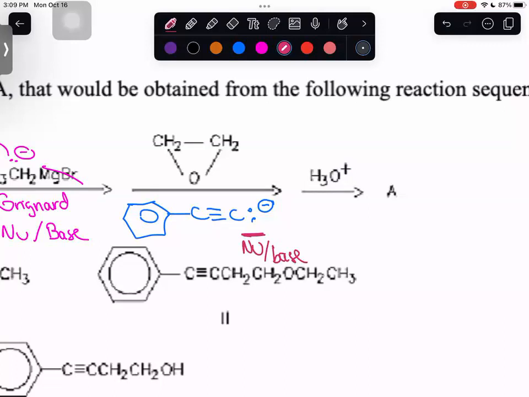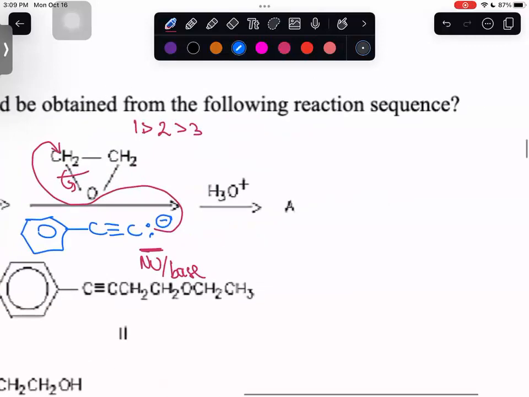For base cleavage, 1, 2, 3. In this case, is it gonna matter which carbon I cleave? No. So let's just say that I'm gonna cleave that one on the left. So my nucleophile attacks, that breaks the bond. And then we have this guy.